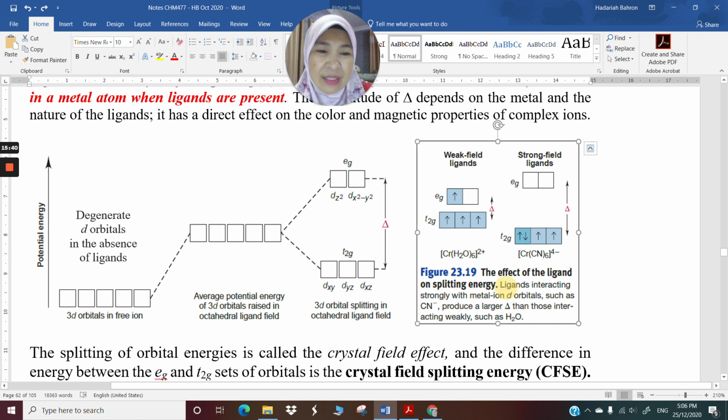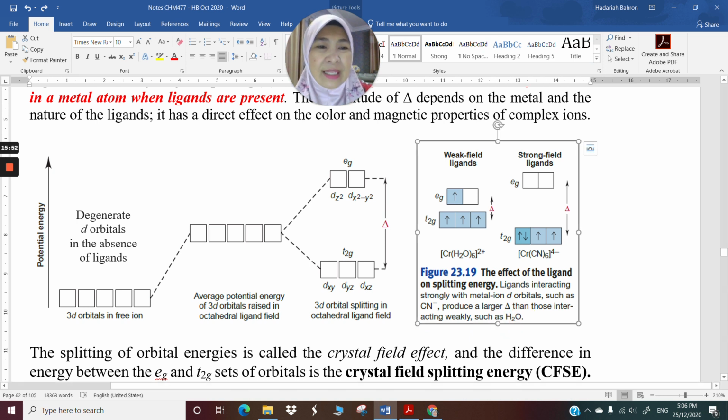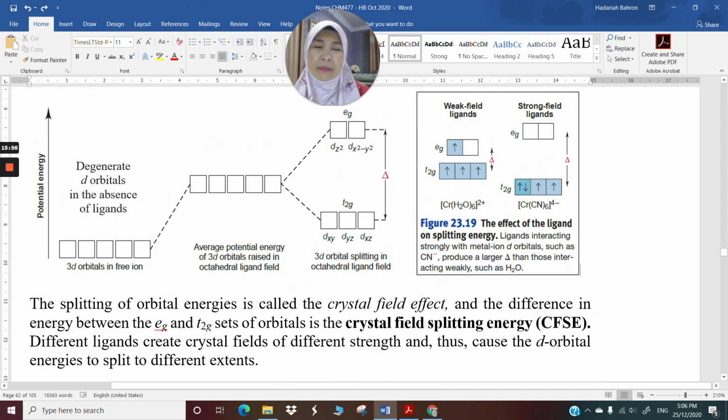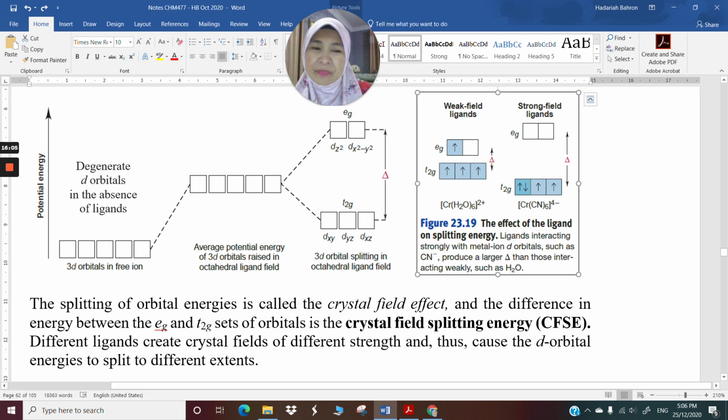The ligands interacting strongly with the metal ion d orbital, such as cyanide, produce a larger delta than those interacting weakly, such as water. So water is interacting quite weakly with the metal center compared to cyanide. That is why delta for cyanide is bigger than delta for water.